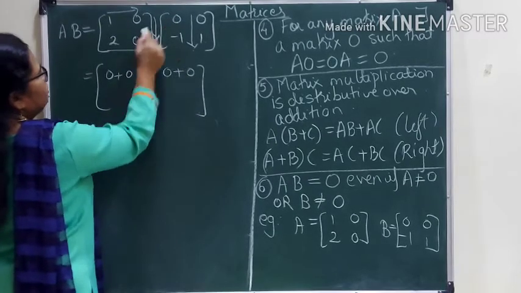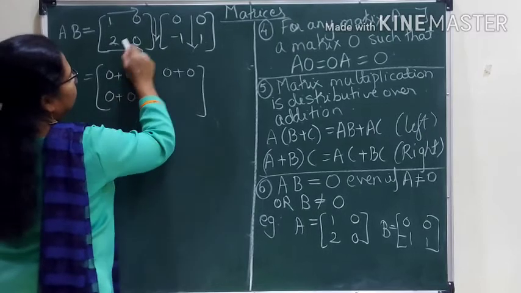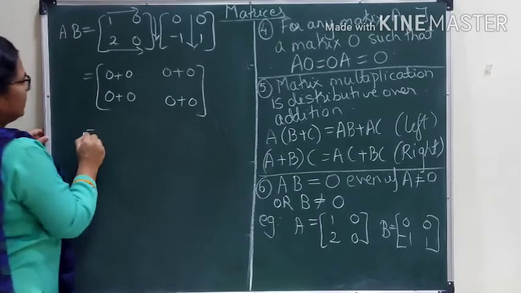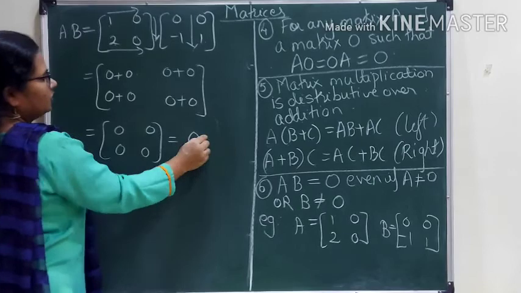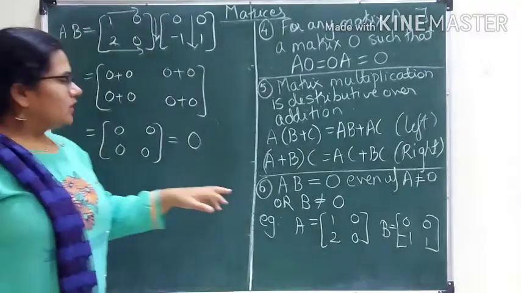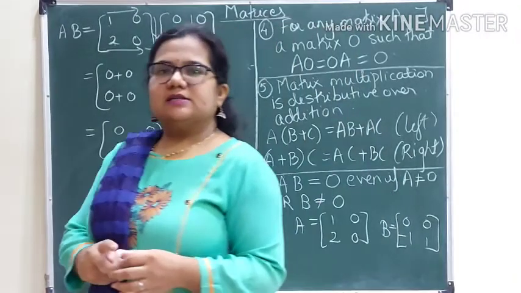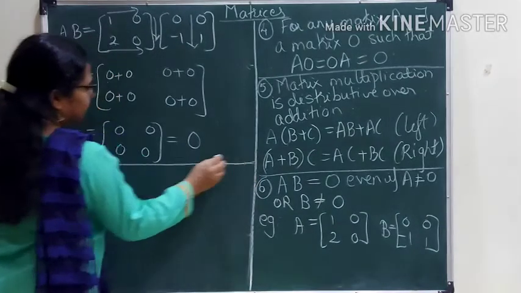Second row, first column. 2 into 0 is 0, plus 0 into this is 0. Then second row, second column, 0 and 0. So answer is 0, 0, 0, 0. So here you can see you get a 0 matrix. So even if A and B are not 0, still you are getting the product as 0. Okay, so this is also possible in matrix multiplication.